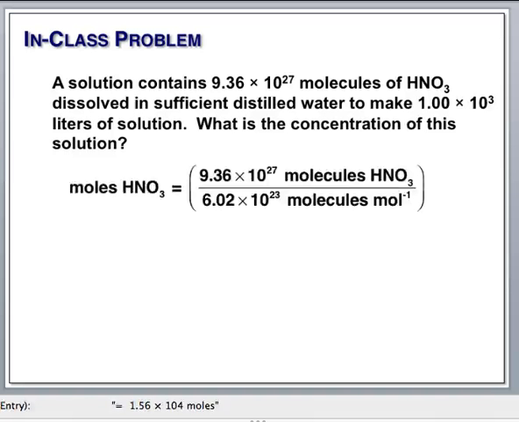We are given 9.36 times 10 to the 27 nitric acids. 1 mole is 6.02 times 10 to the 23rd. Simply do our division, and we have 1.56 times 10 to the 4th moles.